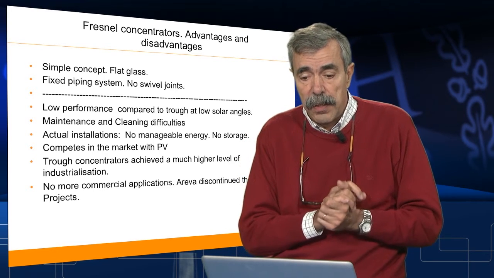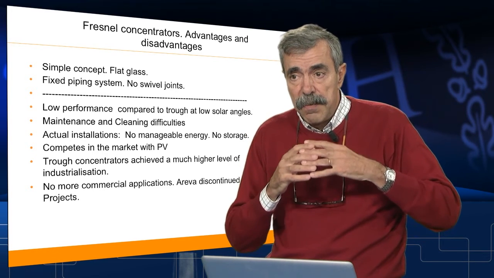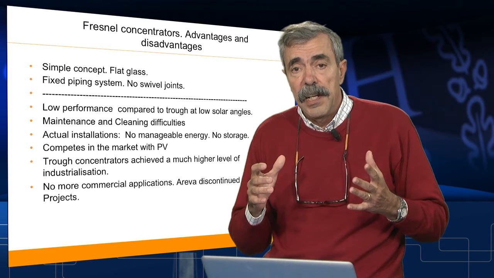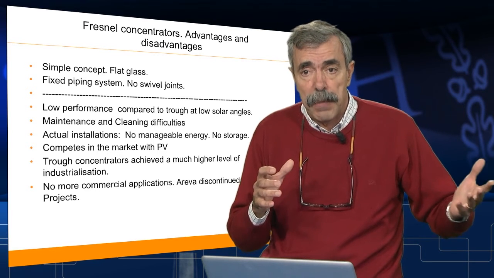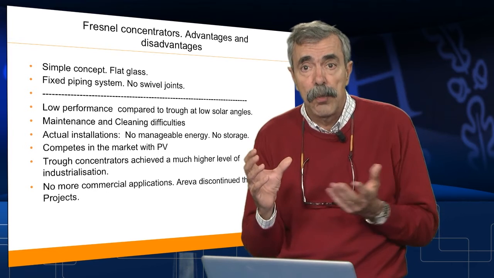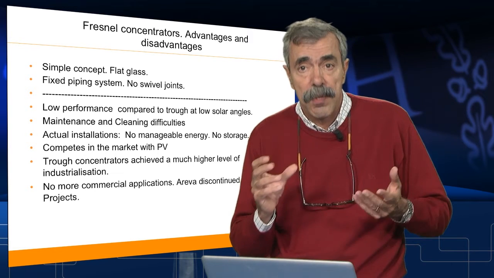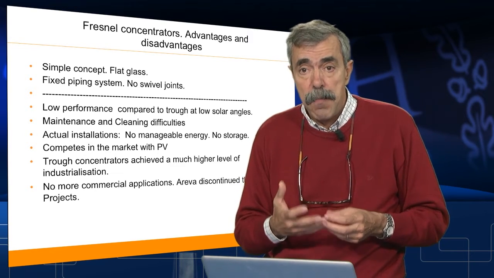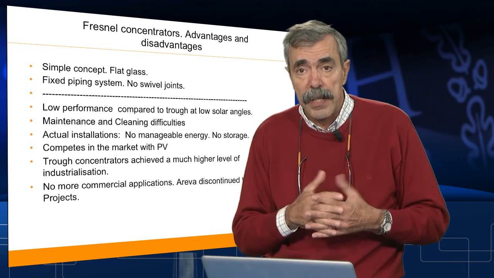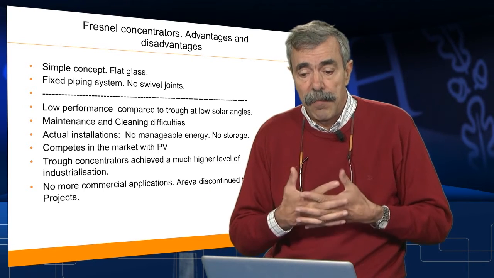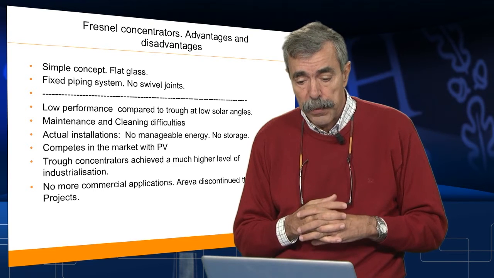So if the Fresnel system is less efficient than the parabolic trough, but the price is, let's say, a fifth of the parabolic trough, maybe that proposal could be very sound from the economical standpoint.